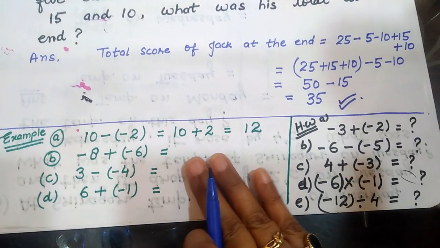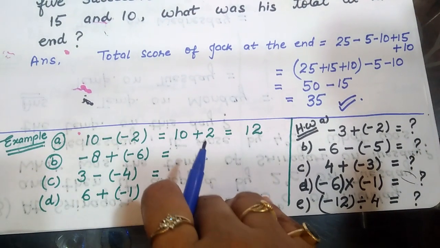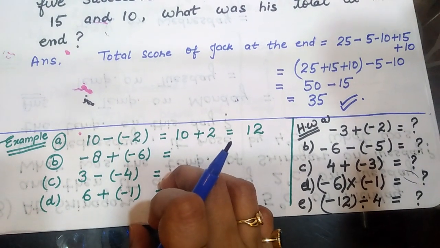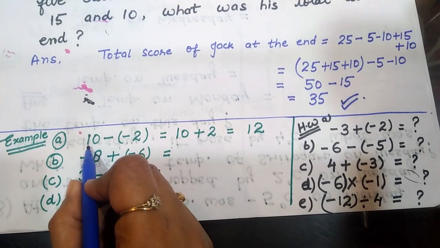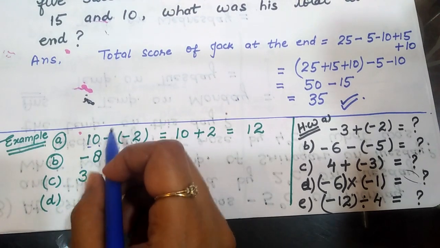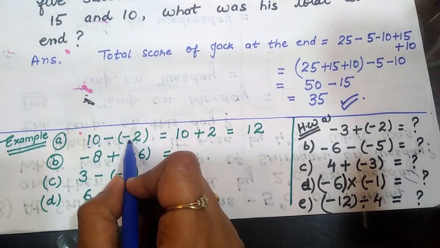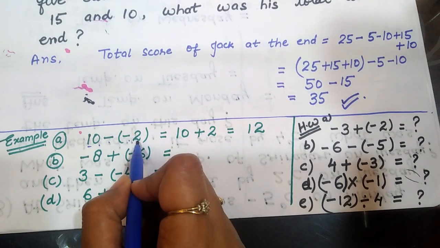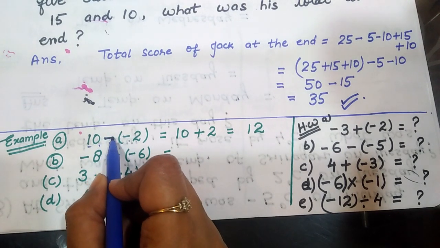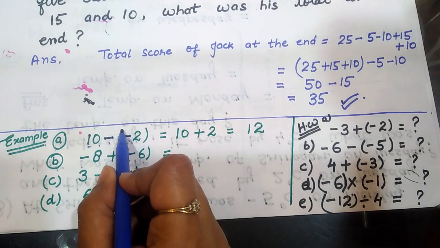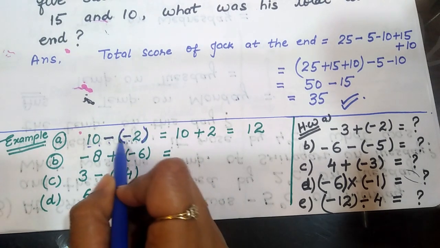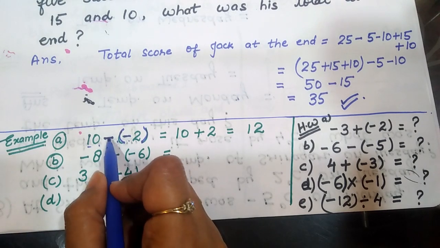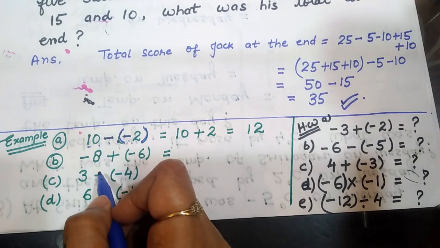Now for whatever we have just discussed, the multiplication and division, I have given some examples. Suppose you have a positive integer 10 and then a negative integer minus 2 in brackets. When such a question comes, between this minus and this minus which is inside the bracket, there is a sign of multiplication.